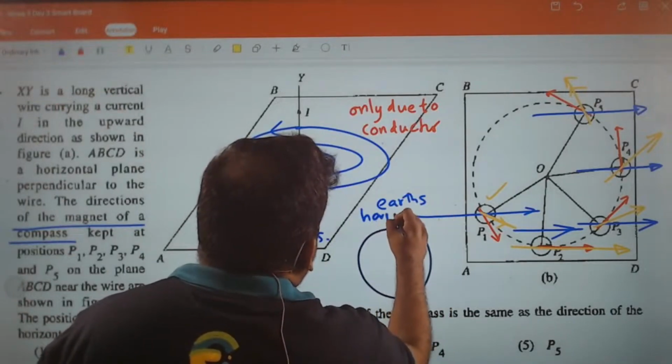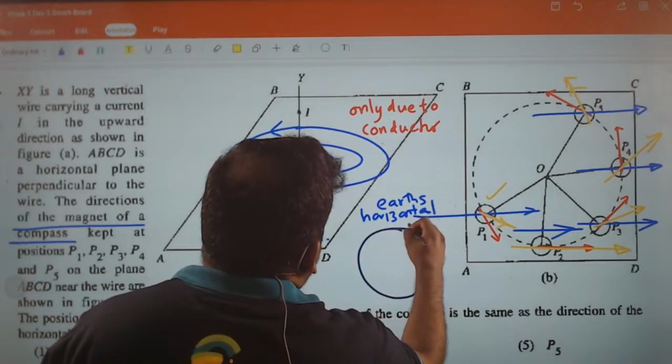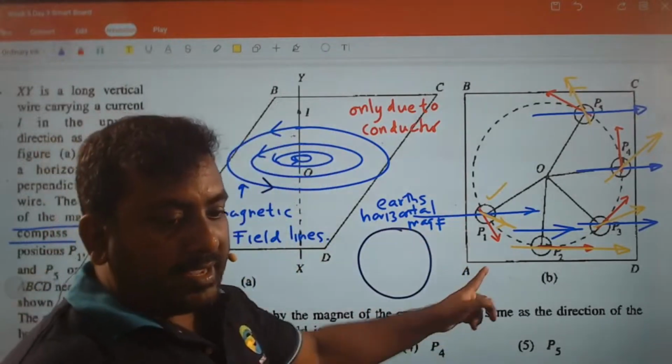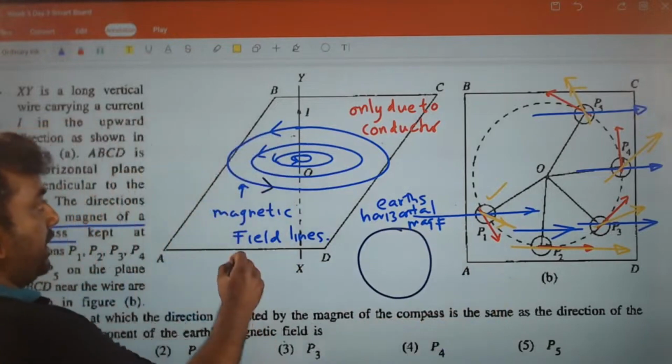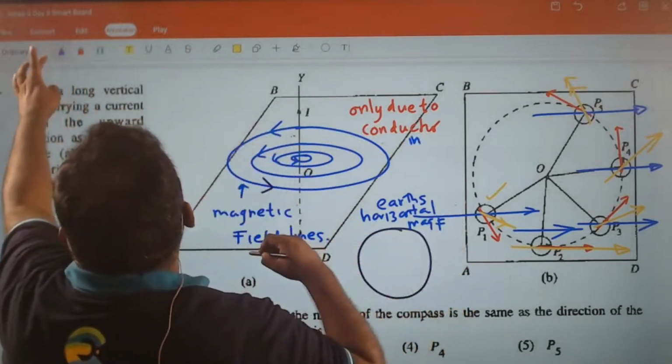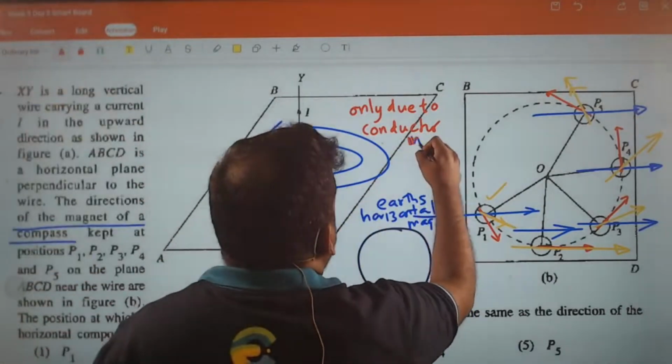Red color is what? Magnetic field only due to the conductor. Right.